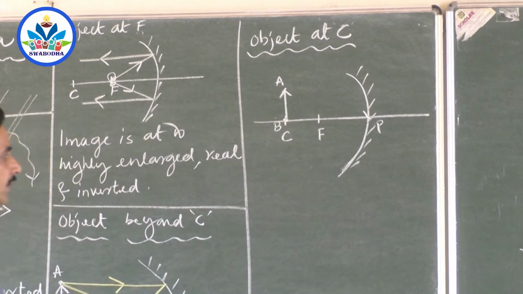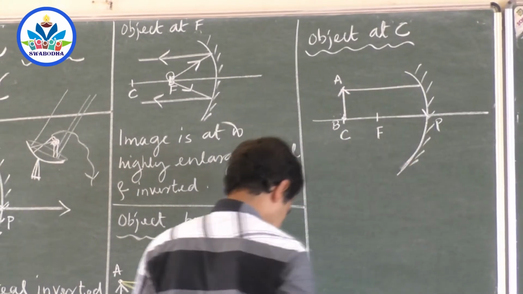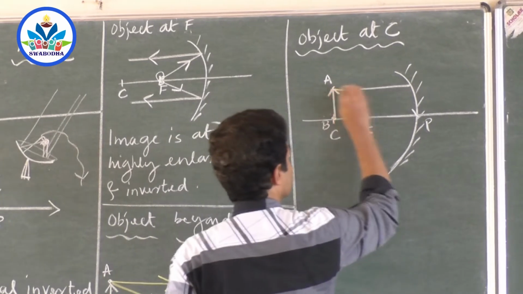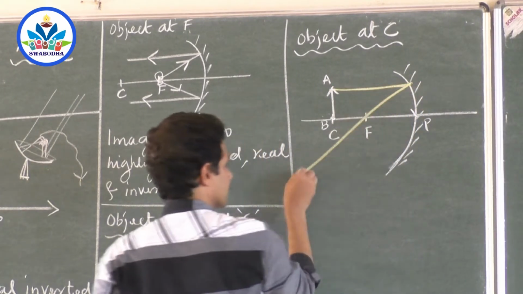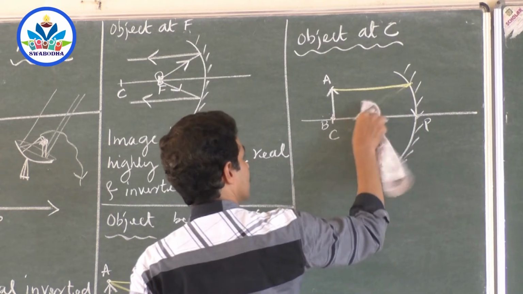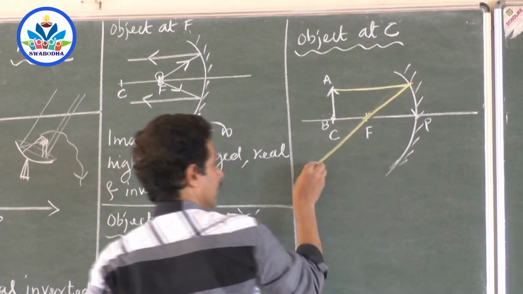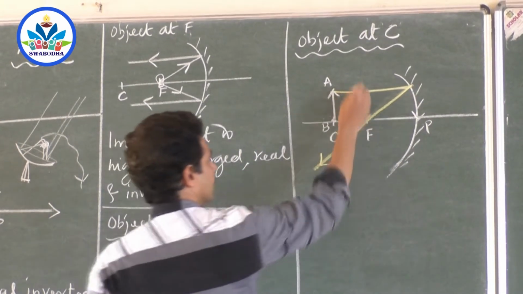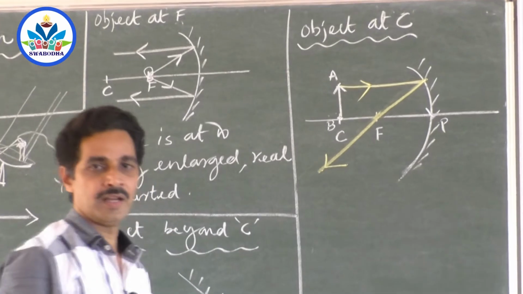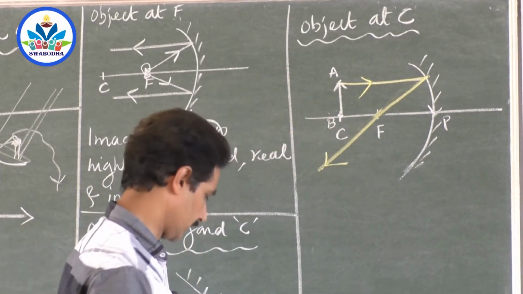As usual, we will consider two rays of light. One ray parallel to the principal axis, after reflection passes through focus. I must be very careful now because I should get the image at a particular place. A ray of light moving parallel to the principal axis, after reflection passes through focus.